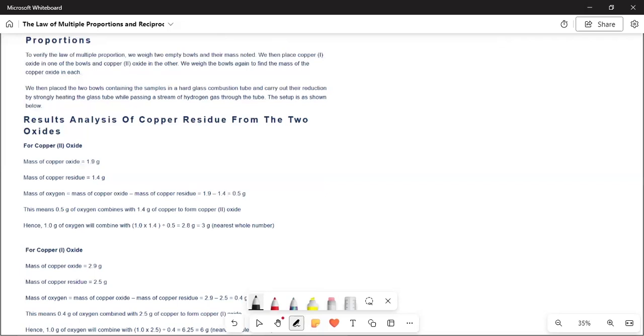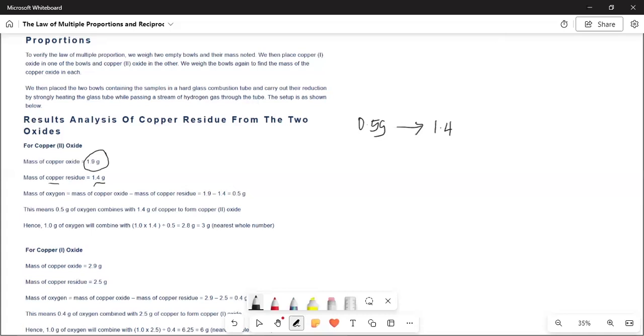That means the mass of oxygen will be 1.9 minus 1.4, because this 1.9 is the mass of copper oxide. Copper oxide is copper plus oxygen. So if copper oxide is 1.9, and we have reduced it to copper residue only, then to get the amount of oxygen, we subtract this 1.4, which is the mass of copper, from the mass of copper oxide. 1.9 minus 1.4 is 0.5, meaning this 0.5 gram of oxygen combined with copper to give us the oxide.